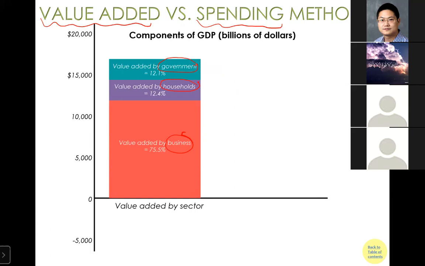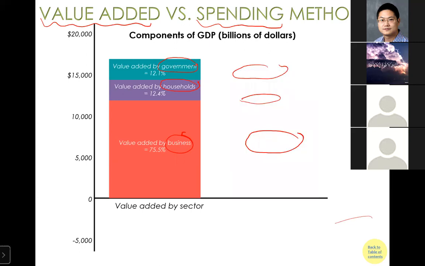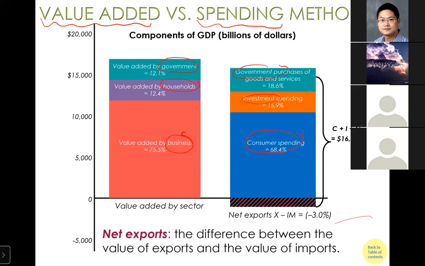Together they add up to 100%. On the other hand, we can look at spending. First, you have consumer spending, then investment spending, government spending, and lastly net export. We add them all together, and that gives you the total spending. This total spending is going to equal the value added.